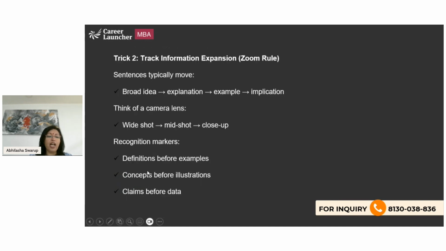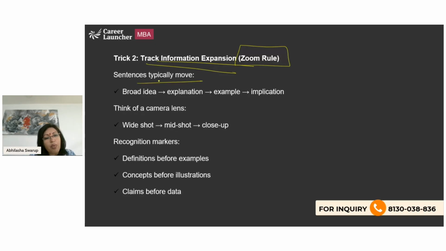Okay. All right, come to the second cue or clue that we have. This is the second trick, track information expansion. Use the zoom rule. Obviously, always remember, you go from the larger lens to the shortest lens. So go from wide shot to mid shot to close up, okay? Look at it like first you look at the larger picture, then limit yourself, then come to the actual thing.